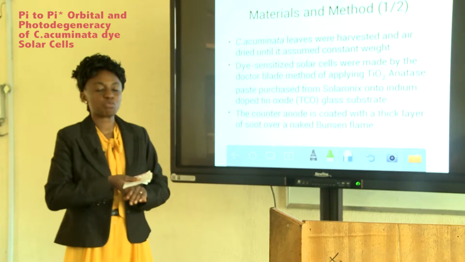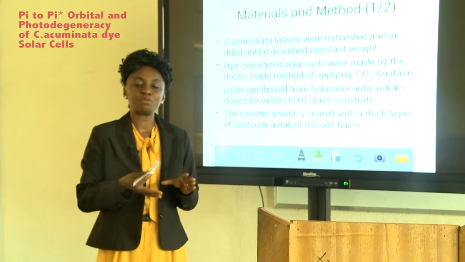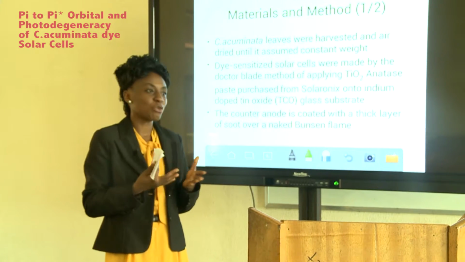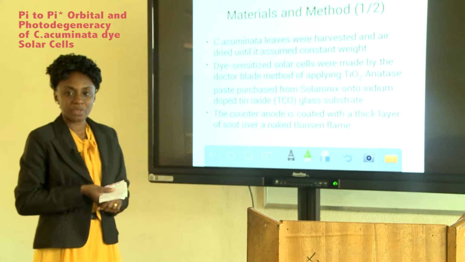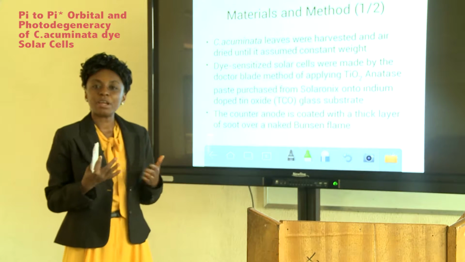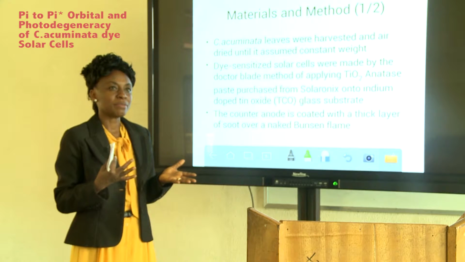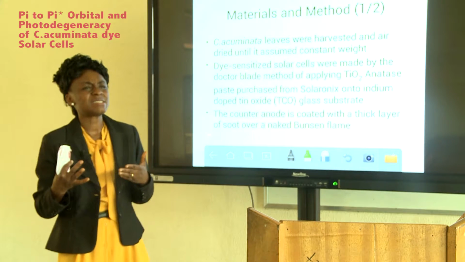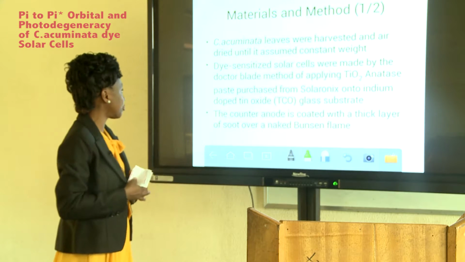After milling, they were spread out to dry so that they would not be subject to bacterial growth. Then they were soaked in methanol. In some experiments they talk about ethanol, but methanol was chosen because it's research friendly.